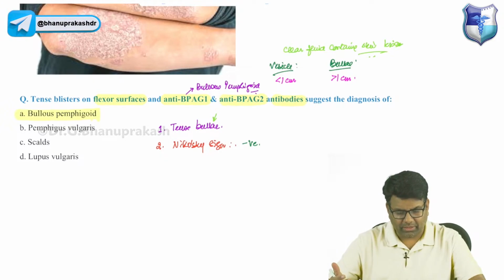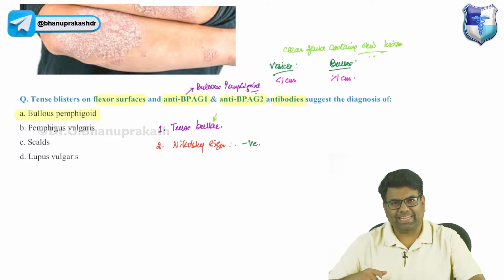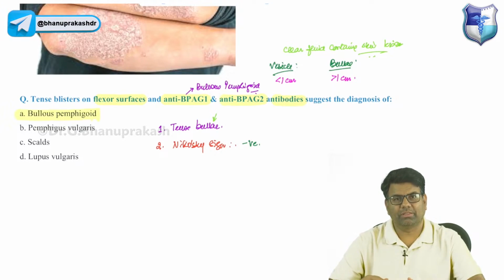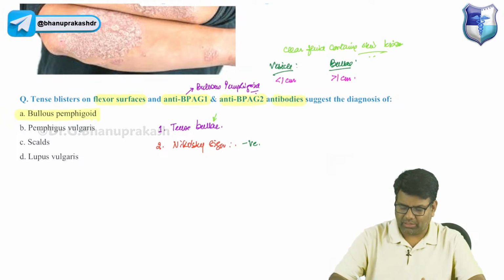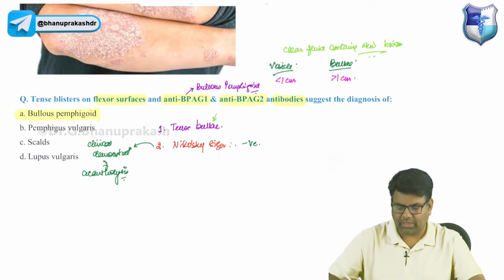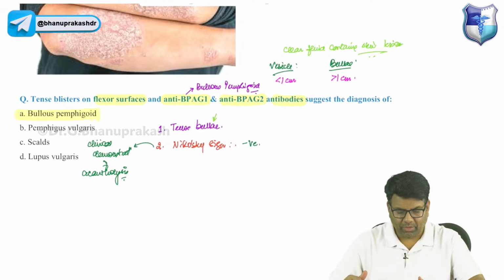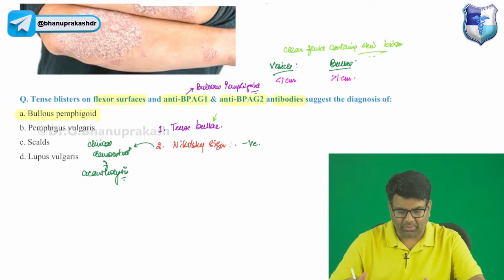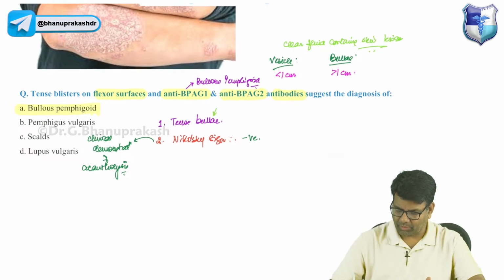Yes, Aninda, Neha, Rinkesh, you are right. If we give a tangential pressure along the blisters, there is peeling of skin, right? This Nikolsky sign is a clinical demonstration of acantholysis. Yes, Raghu, you are absolutely right. So the Nikolsky sign is negative.